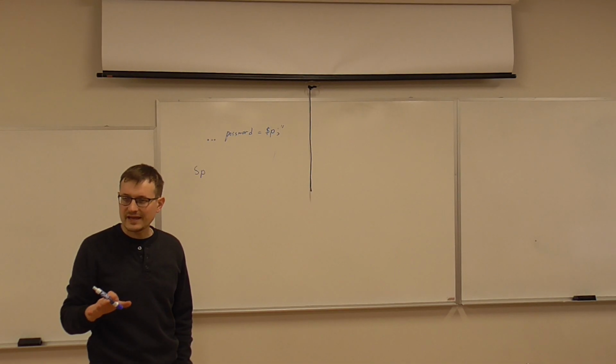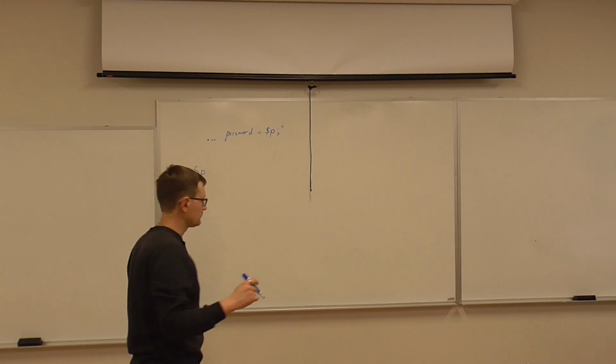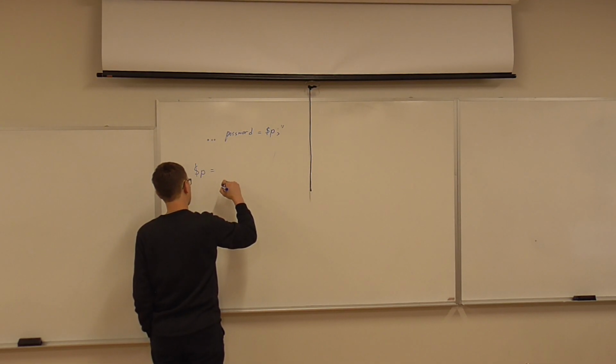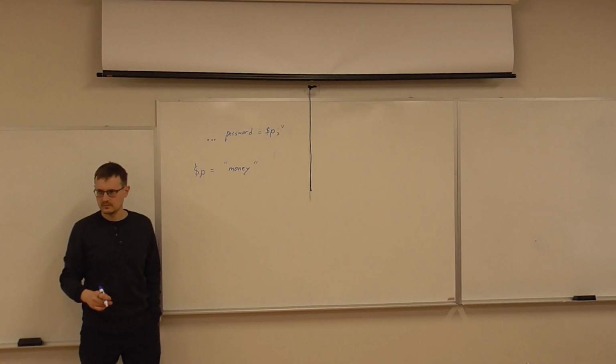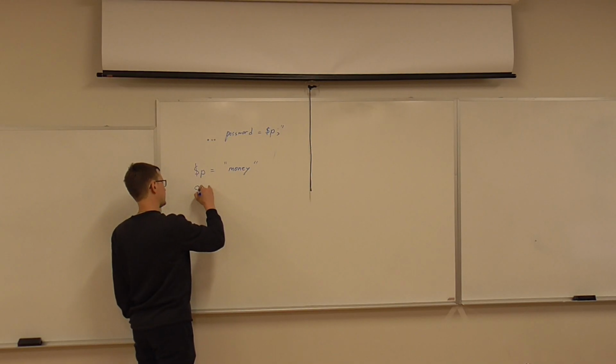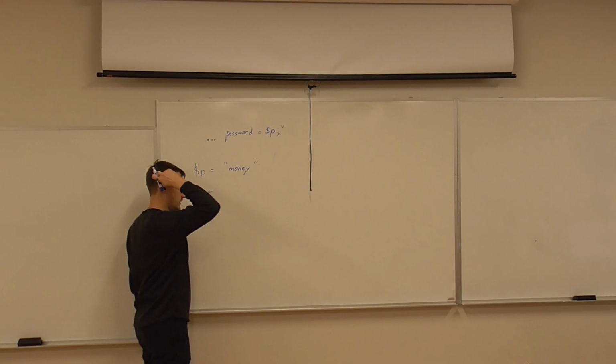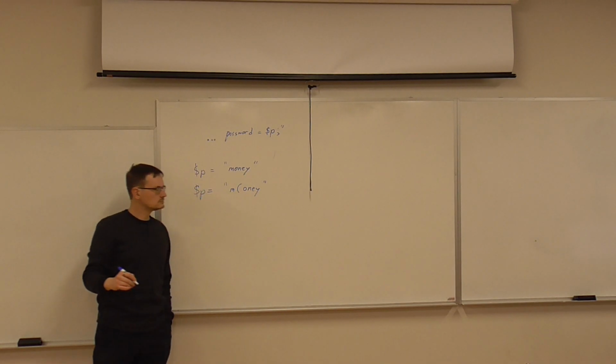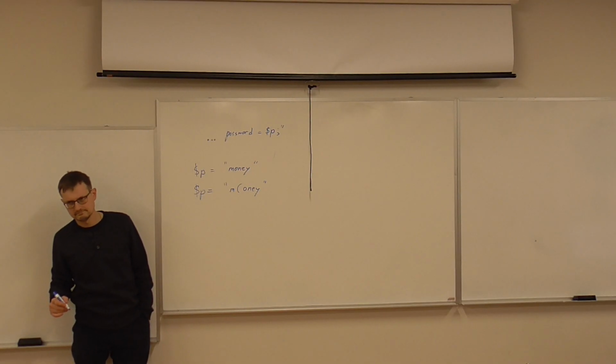If we just throw anything in here without checking it first, what if P is something like, normally P would be something like, in the case of Mr. Krabs, money, right? But what if it's something like, I don't know, something like that.